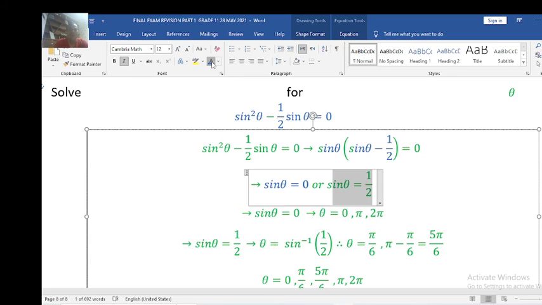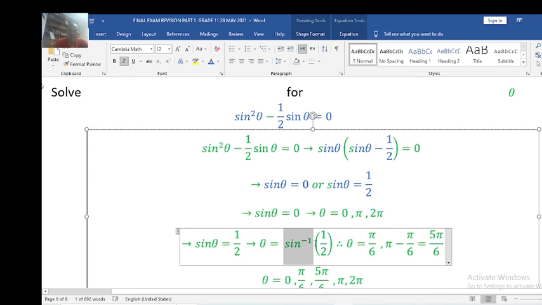When sine of theta equals 0, theta should be equal to 0, pi, or 2 pi. For the second one, sine of theta equals half. First of all, you should take the inverse function of this ratio: sine inverse of 1 over 2 gives an angle theta equal to pi over 6. Since sine of theta is positive, you have two angles, one in the first quadrant and one in the second quadrant.